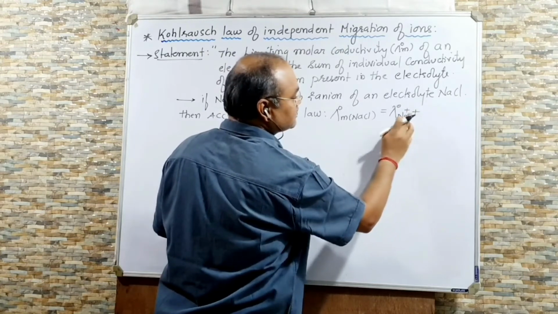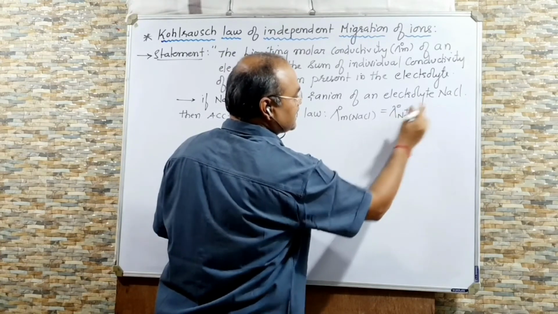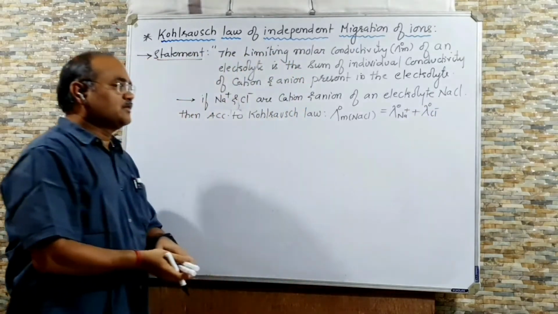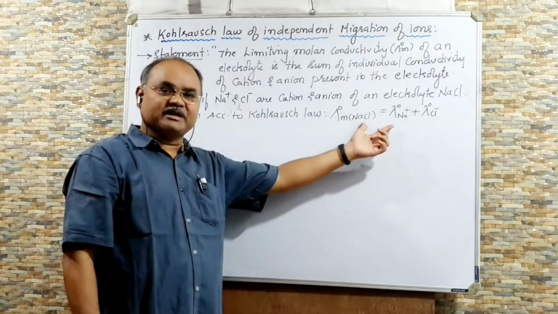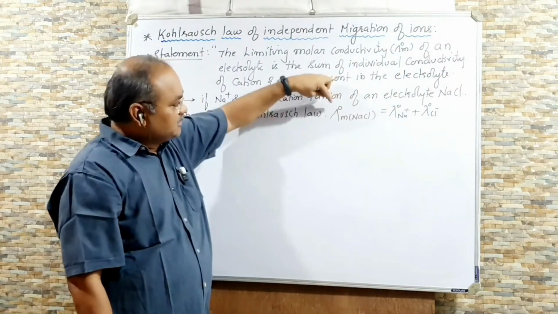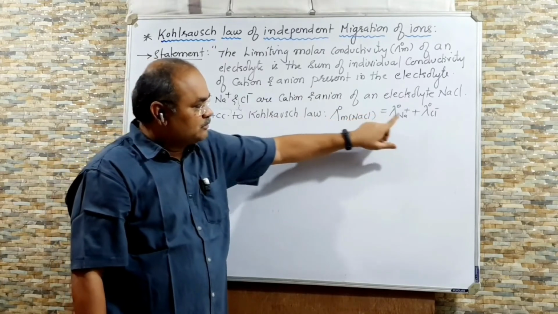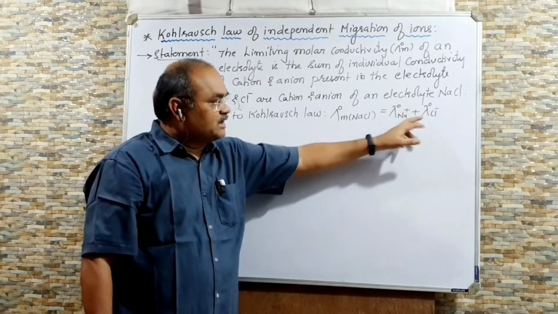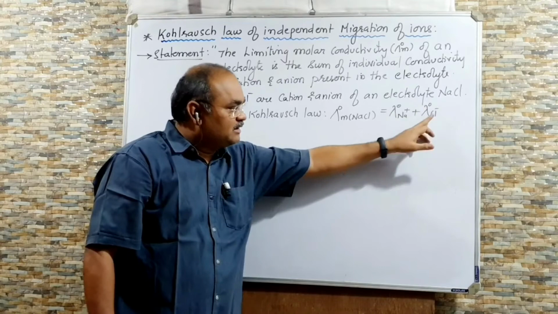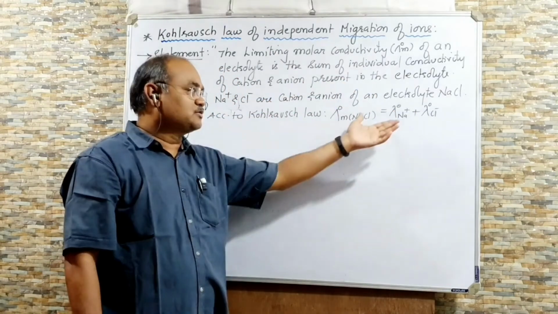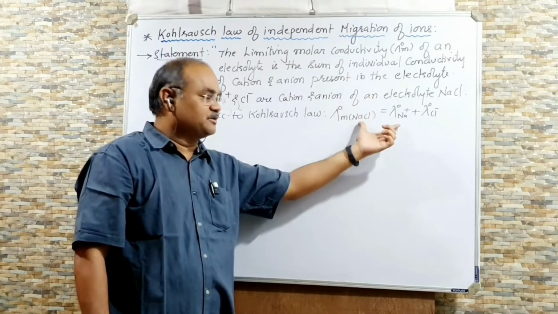Sum means addition of individual ions. This is cation and this is anion. So this is Kohlrausch's law of independent migration of ions. Limiting molar conductivity of an electrolyte is equal to the sum of individual conductivity of cation and anion present in the electrolyte. I think you might have understood this definition from this, right?